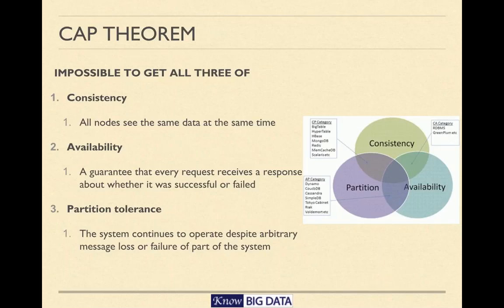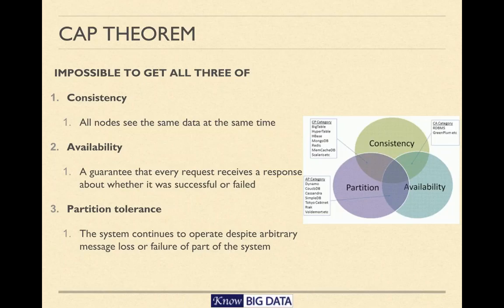Next is partition tolerance. What does partition tolerance mean? It means how many machines can you shut down and still cater to the user. The system should continue to operate despite arbitrary message loss or failure of part of the system.